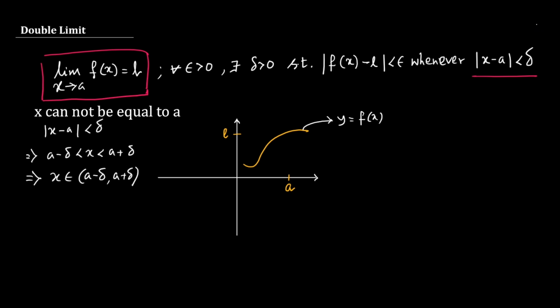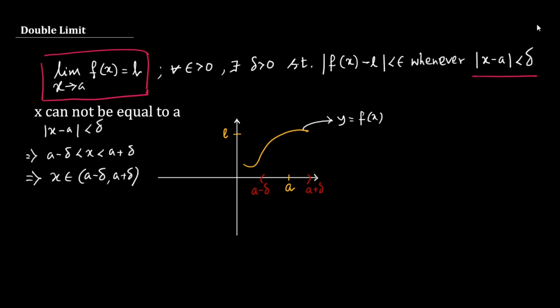So let us consider this is my interval of length 2 delta. Let us consider this is my a minus delta, this is my a plus delta. Delta is a positive number.